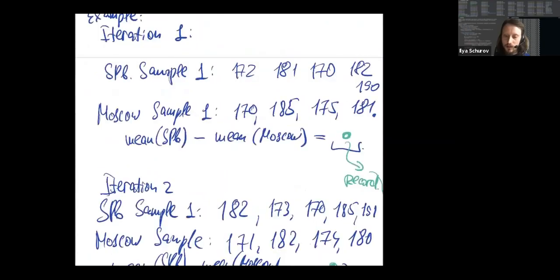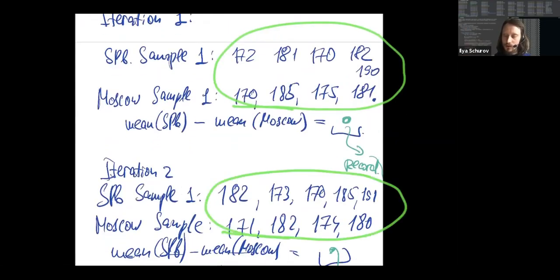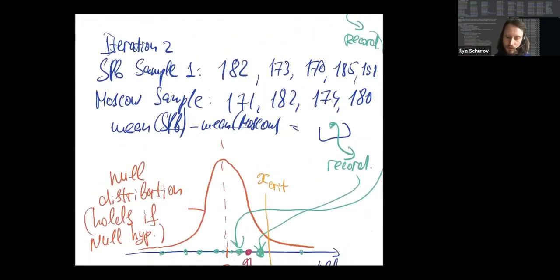To do this analysis, we forget for a second about our data, and we think how a world would look like if the null hypothesis is true. We actually don't know that the null hypothesis is true, and we usually want to reject it. But now we imagine some imaginary world when we do these simulations, and in this way we construct this distribution.